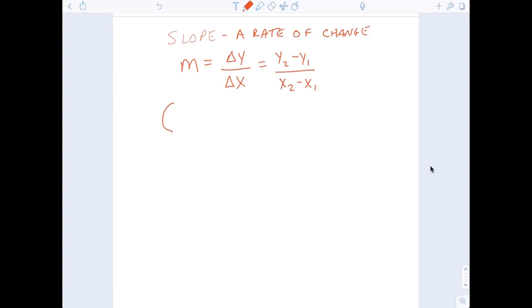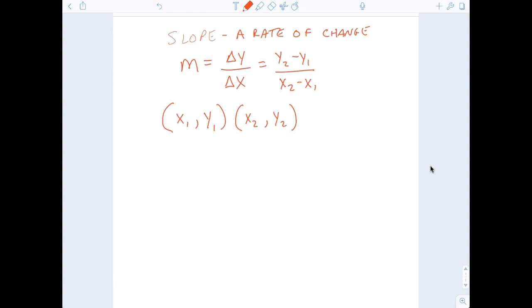Well, most of the time you're given different points. So the subscript is just saying that they are what? Completely different points. All right? You can't find the slope given only 1 point. You cannot find the slope given 1 point.